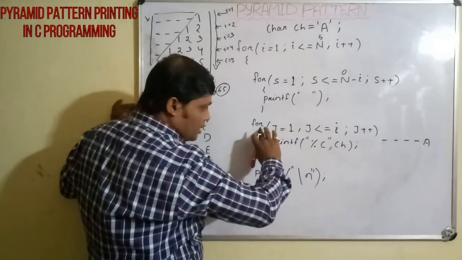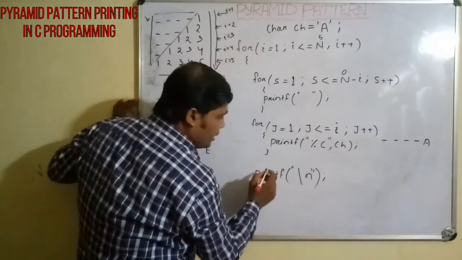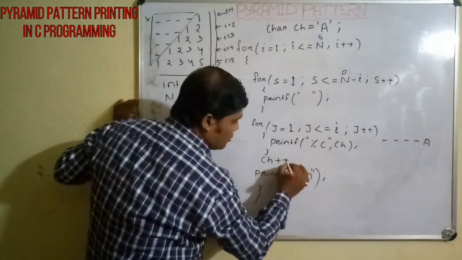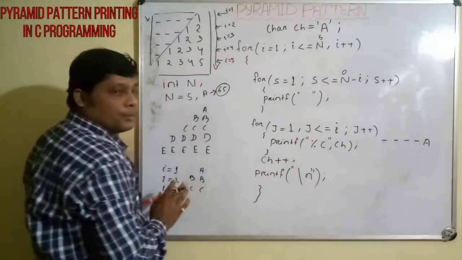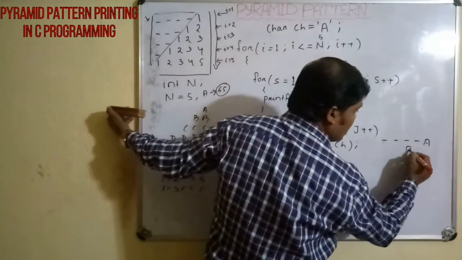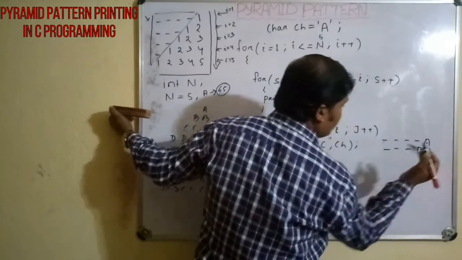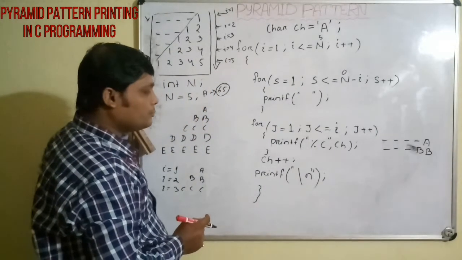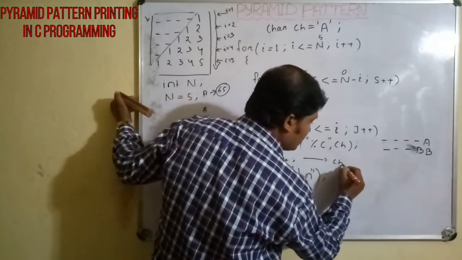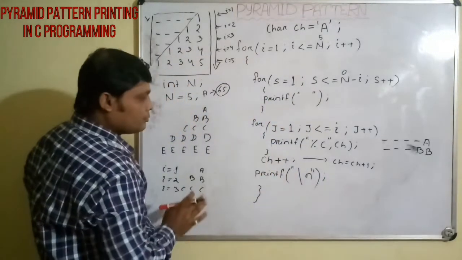So after completion of this loop, before going to the next line, we should modify the value of ch. ch plus plus you can write, because next time it is printing B. So that next time it will work for 1 and 2, it will print B, B. 3 spaces will be there. Otherwise you can write here, instead of ch plus plus, ch equal to ch plus 1. This is same as post increment.